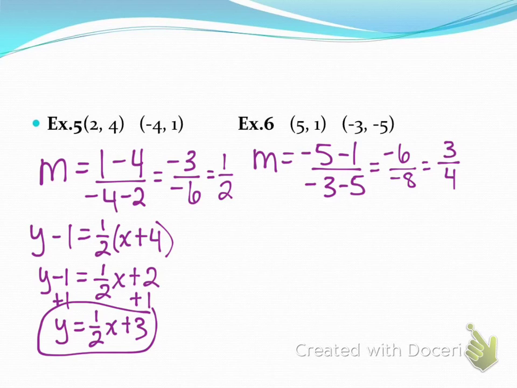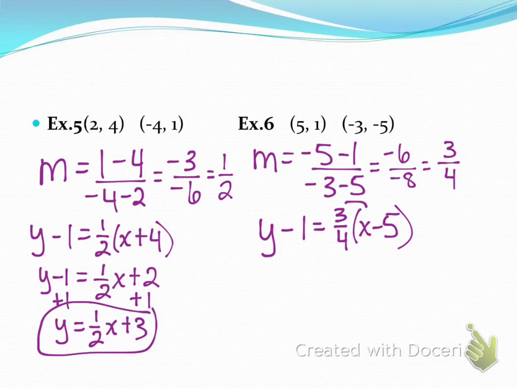We've got our slope. Now we need to pick a point and put it in point slope form. Kelby, what is our point slope form? Very good. Y minus 1 equals 3/4 x minus 5.